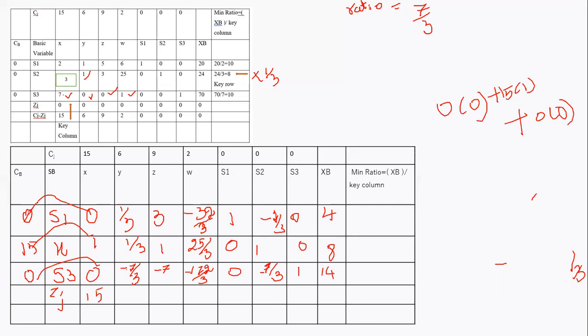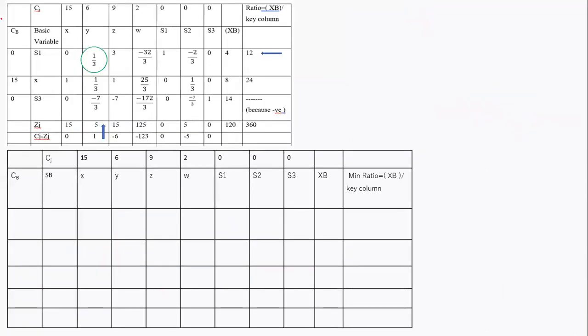Similarly, the next will be 0 into 1 by 3 plus 15 into 1 by 3 plus 0 into minus 7 by 3. So like that, you are supposed to do the calculation. So you'll be getting 15, 5, and then we'll be having 15. Similarly, you can do all the other numbers. So you will be getting the values like this: 15, 5, 15, 125, 0, 5, 0, 120.